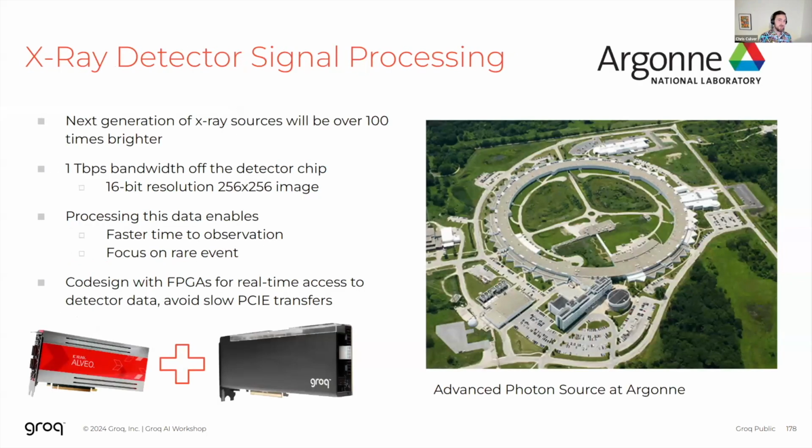I wanted to say a little bit more about one of the low latency ones, this X-ray detector signal processing. Specifically, the next set of X-ray sources will be 100 times brighter, and they're going to have a terabit per second bandwidth off the chip. This is the plan, at least, producing 16-bit resolution, 256 by 256 images.